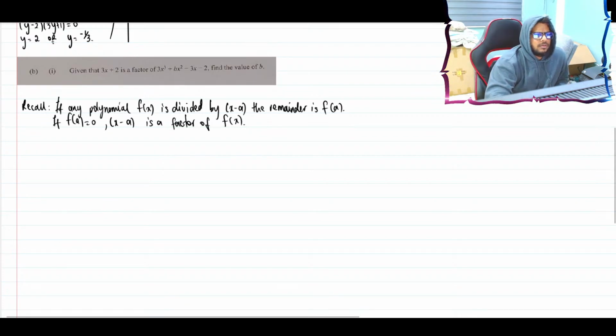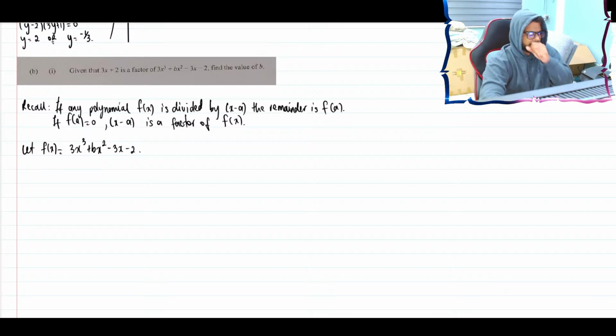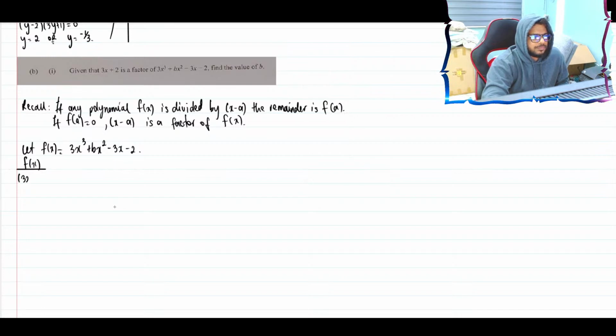For this one here, they never tell me what f of x is. So I say let f of x be 3x cubed plus bx squared minus 3x minus 2. And I say f of x divided by 3x plus 2 could be f of minus 2/3. If I don't know how I get minus 2/3, something is wrong. And we know that all this is equal to 0 because they did say that this is a factor.